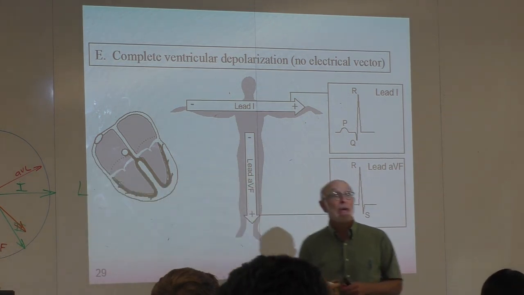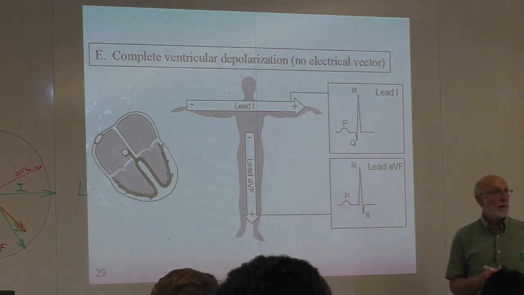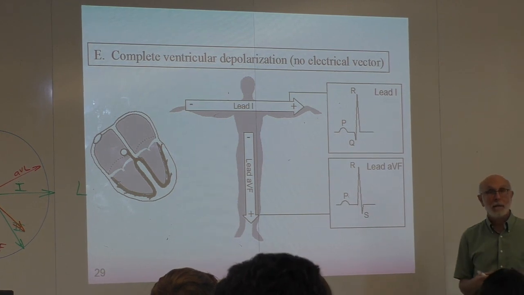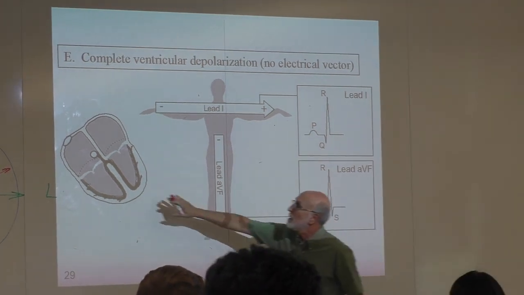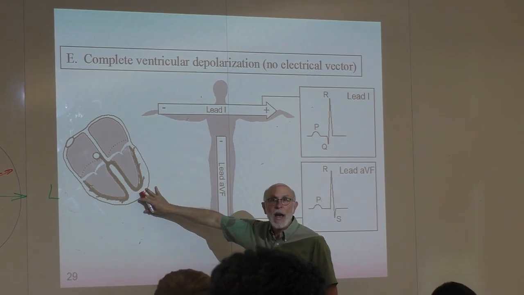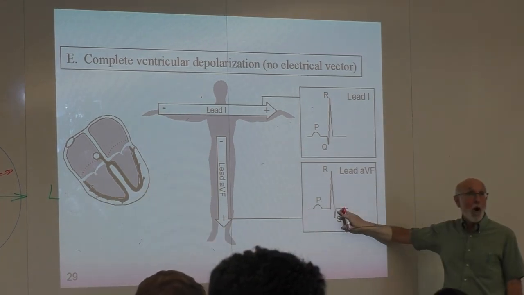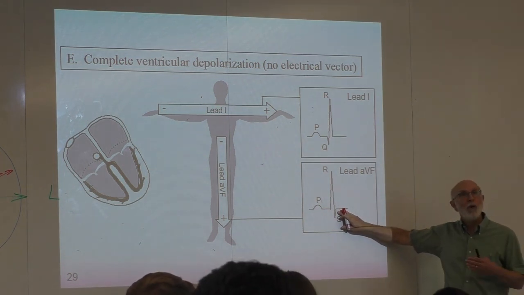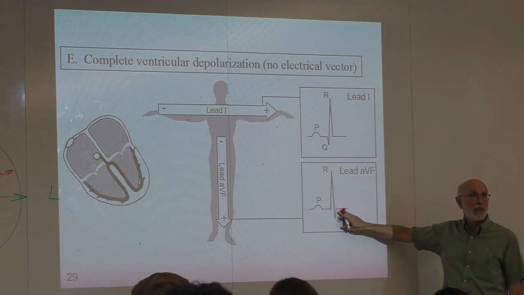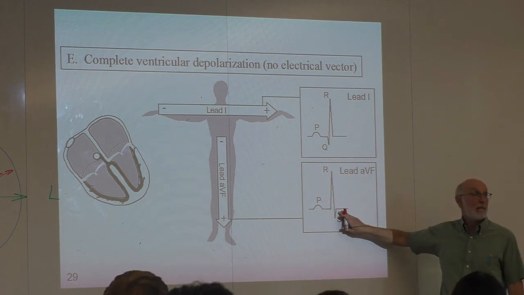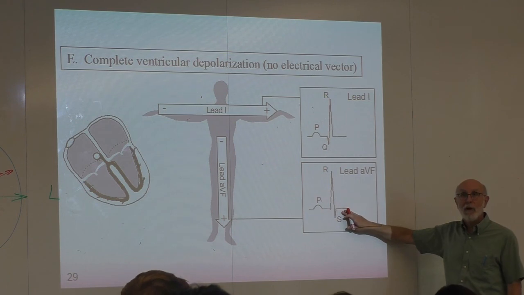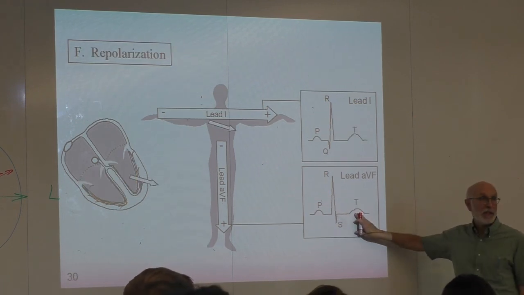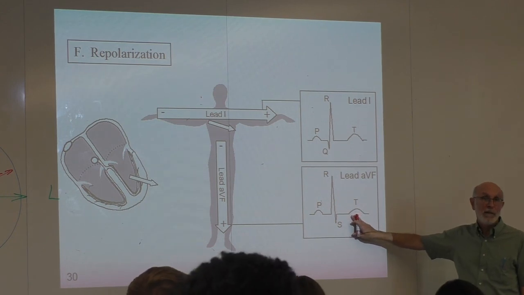What do the ventricles do? Contract. But they're all depolarized. All the cells are depolarized and contracting. So even though they're all working very hard, electrically they're silent, because there's no longer a spread of depolarization. So we're back to baseline, back down to 0. And then the spread of repolarization generates the T wave.